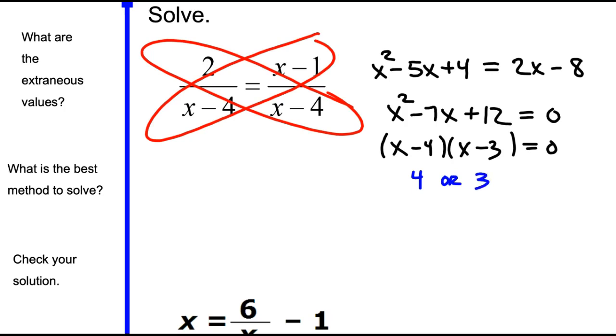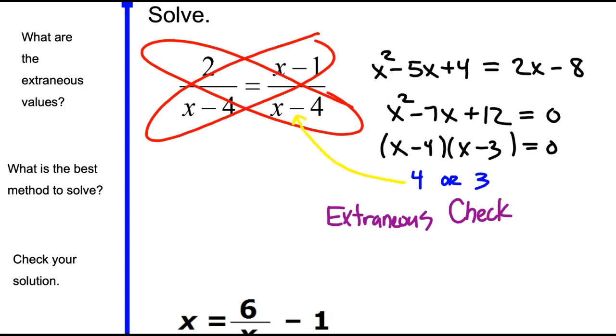Or so you think. This is what I was just talking about, now we have to check for extraneous. So we do an extraneous check. An extraneous answer means it's an answer that is not really an answer. It's kind of like a pseudo answer. So check 4. Does 4 make any denominator 0? Yes, it does.